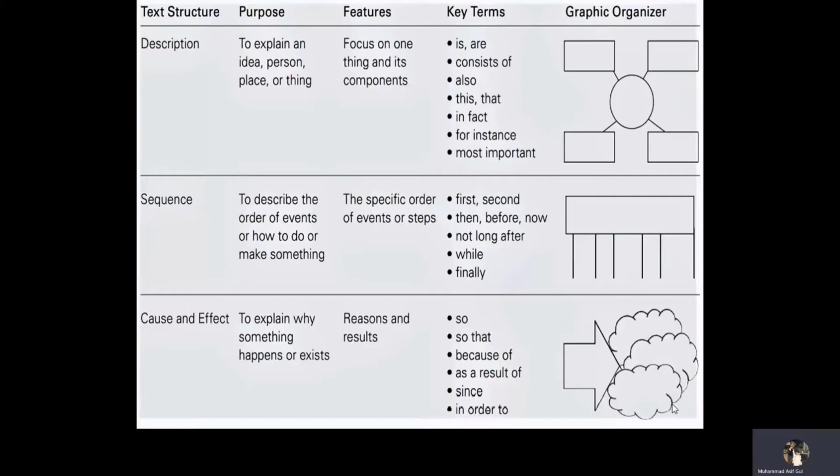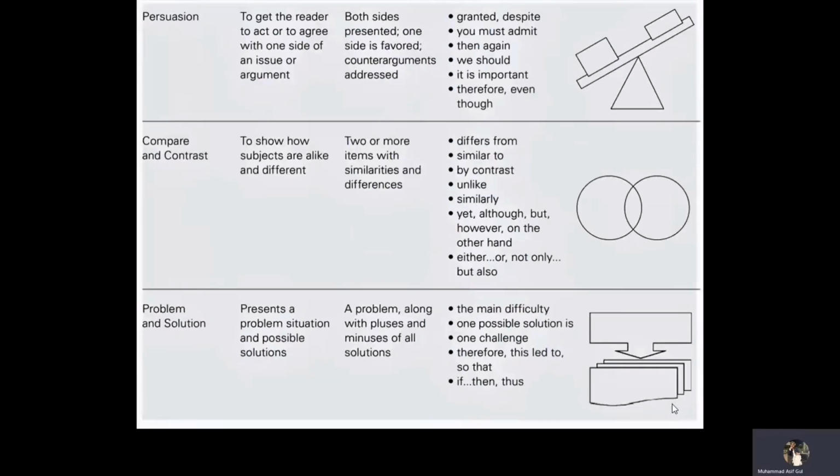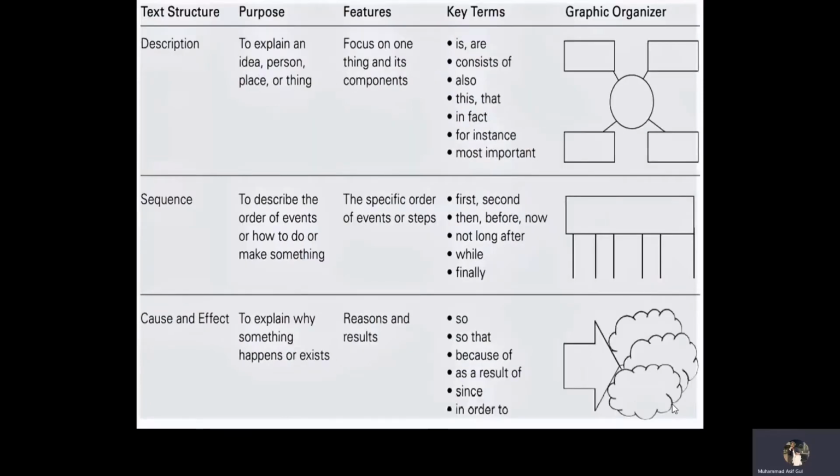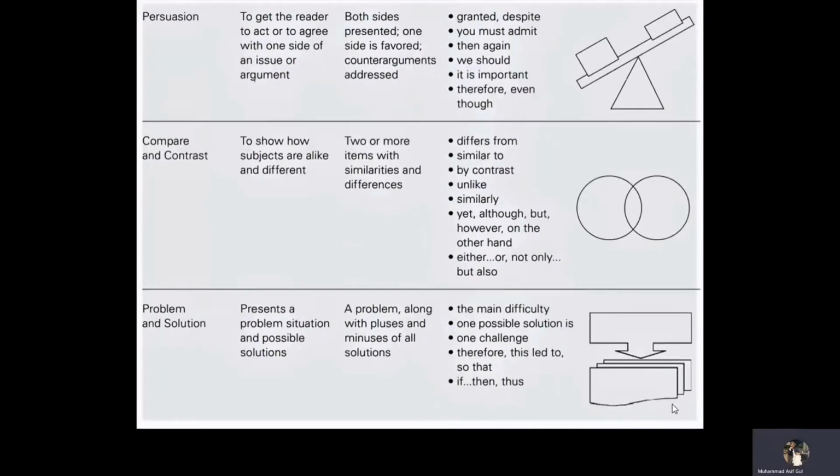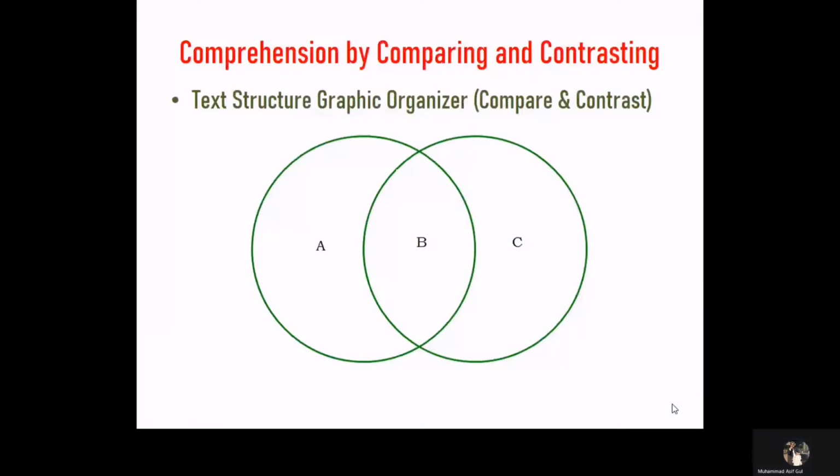Similarly, we describe persuasive text, we compare and contrast, we solve problems. And for these different types of text structures, we have different types of graphic organizers, as you can see on your screen. Today, we will restrict ourselves to learning comprehension by comparing and contrasting.